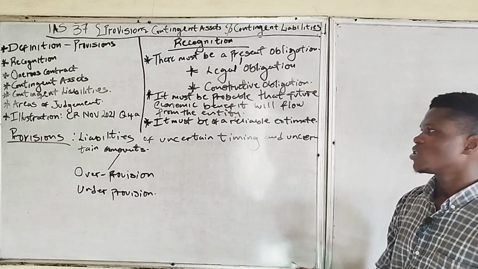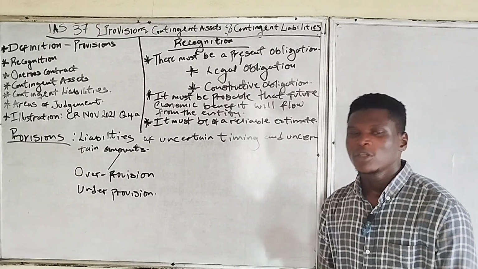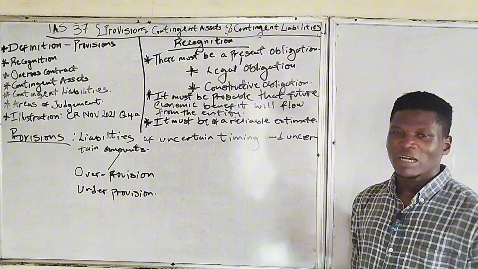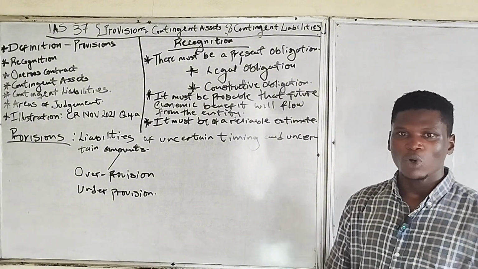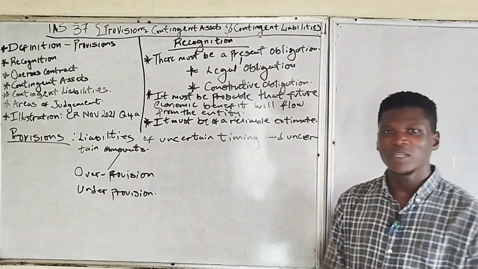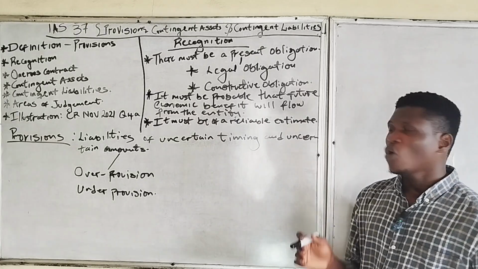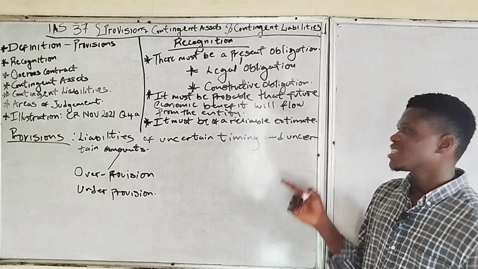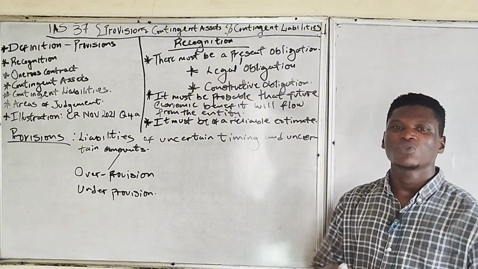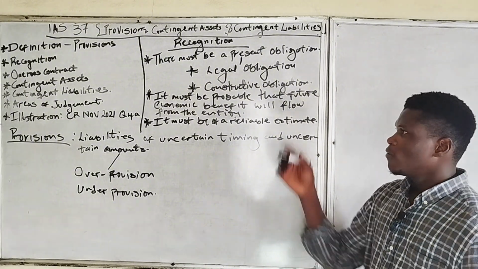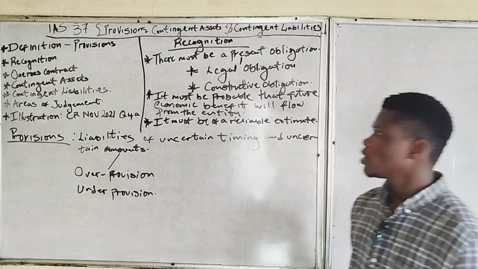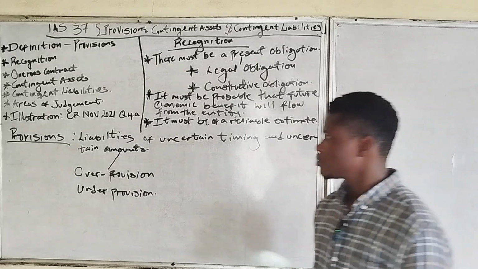Then lastly, it must be of a reliable estimate. So it must be best estimated. The amount which you are setting aside for that obligation must be reliably measured. So these are the recognition criteria of provisions, which are synonymous to recognition criteria of liabilities. So moving forward, we have something called onerous contract.